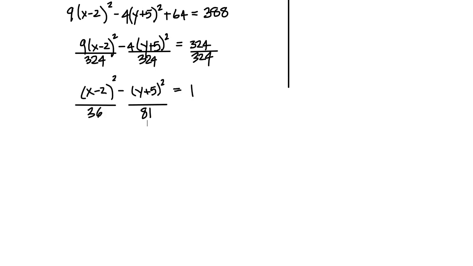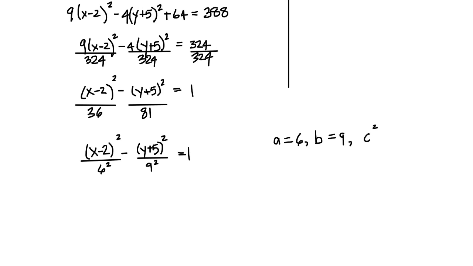So that gives me x minus 2 squared divided by 36 minus y plus 5 squared divided by 81 equals 1, or x minus 2 squared divided by 6 squared minus y plus 5 squared divided by 9 squared equals 1, which of course means that a equals 6, b equals 9, and c squared is this plus or minus the square root of 36 plus 81, square root of 117. The center is the point 2, -5.